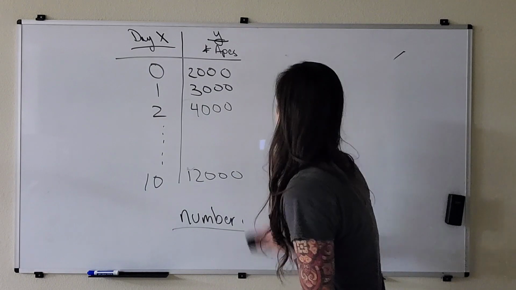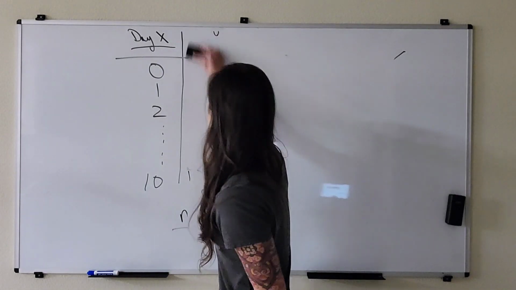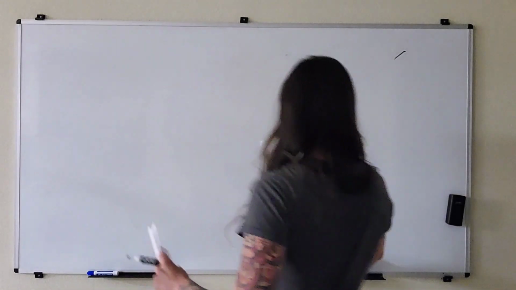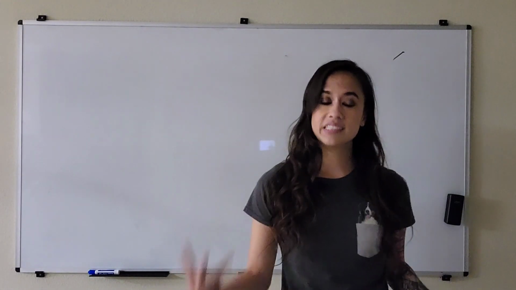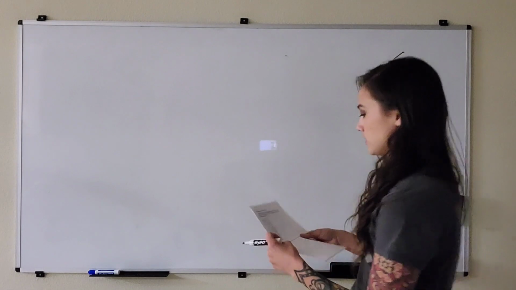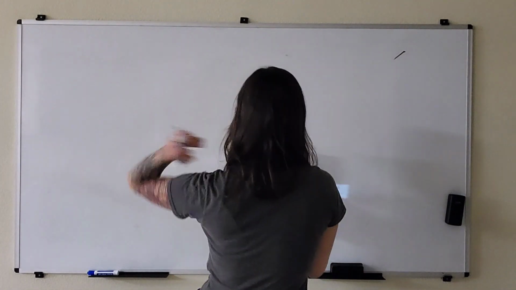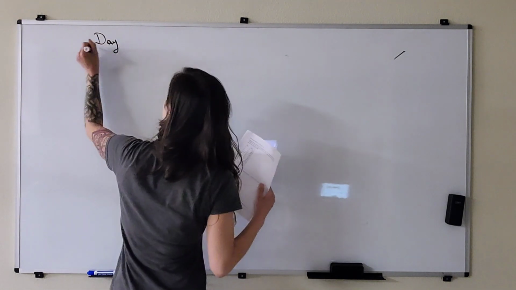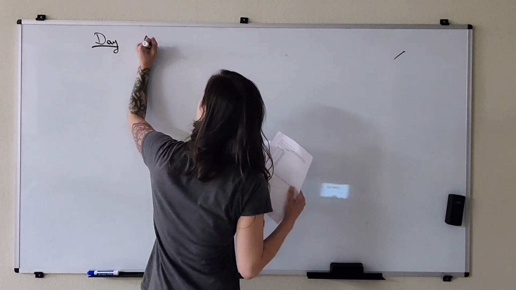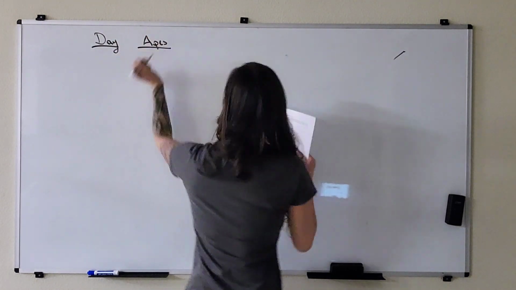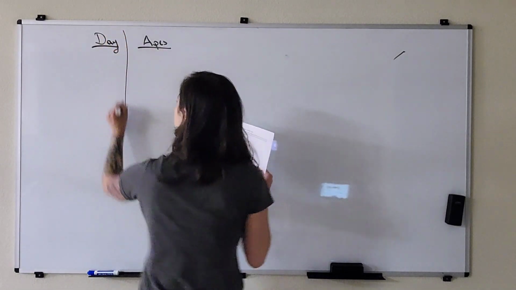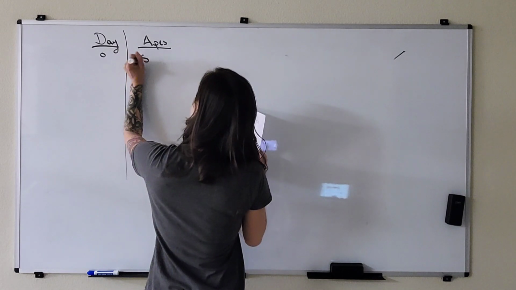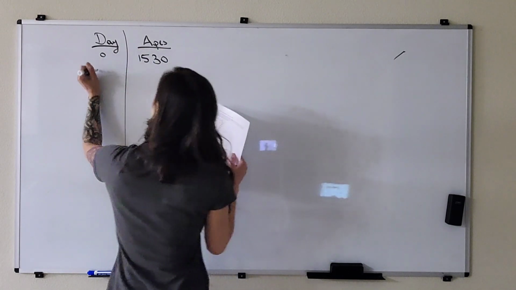So let's move on to a type of example that would be more realistic. I decided to make a table. We have our days again, then we have our number of apes. Instead of having exactly 2,000 on day 0, we have 1,something.